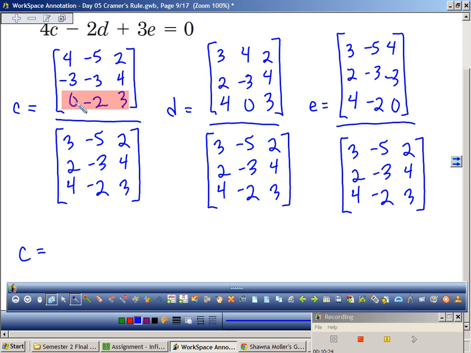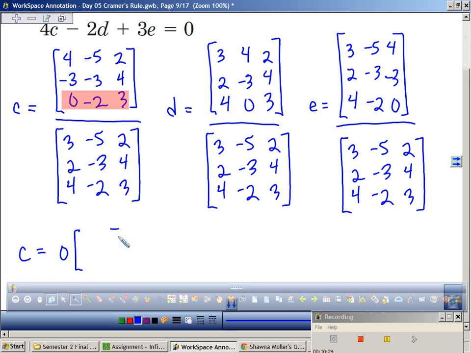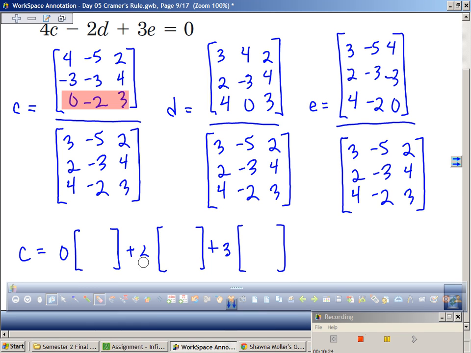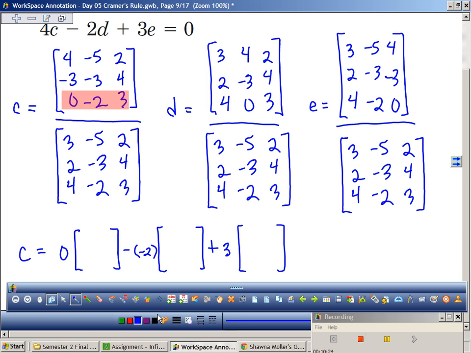It would be 0, right, times something, minus -2, which makes this +2, right? And then 3. -2. Yep, makes sense.